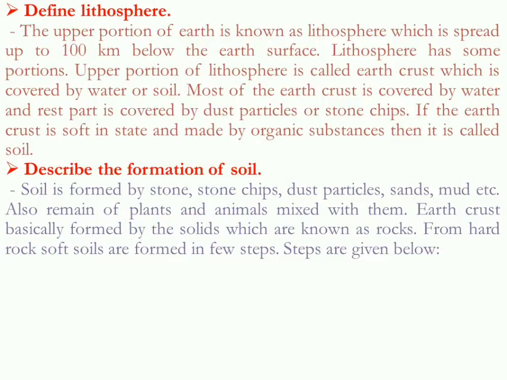In the upper portion of the lithosphere, there are many things which cannot go downward because they are not as heavy as the things in the mantle zone or centrosphere. Stone chips are the remaining portions after stone is smashed.